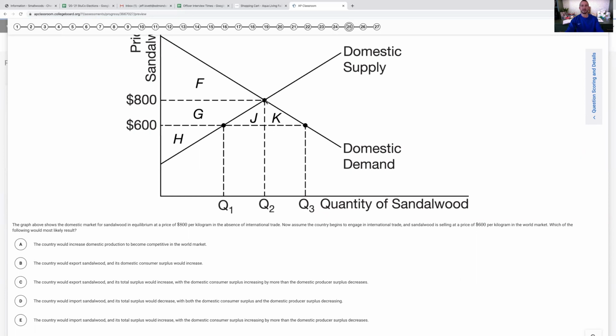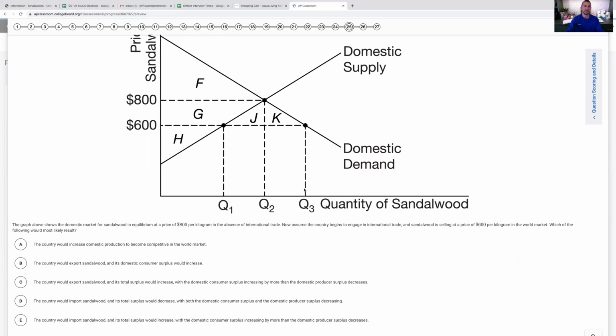The quantity demanded goes from Q2 to Q3, but the quantity which domestic firms are willing to supply goes from Q2 to Q1. And so we're going to buy Q3 at $600. That's what we're going to buy. We're able to get Q1 domestically, which means that we're going to import the difference, Q3 minus Q1, okay? So your answer for number 25, the answer that makes sense here is E, that the total surplus is going to increase.